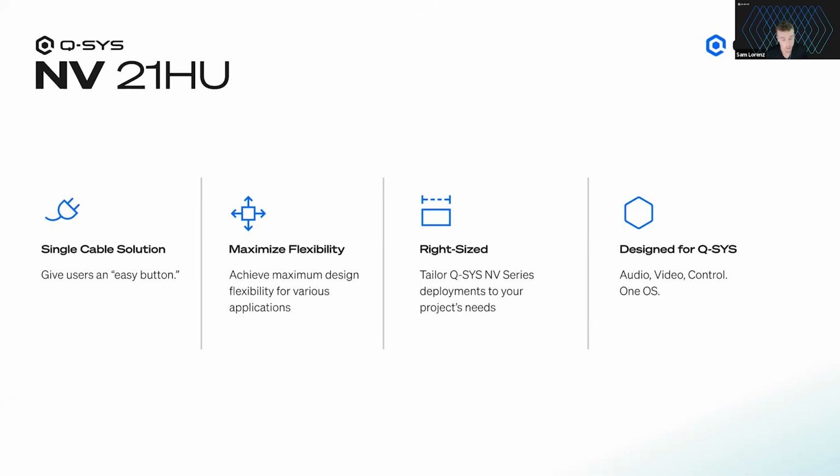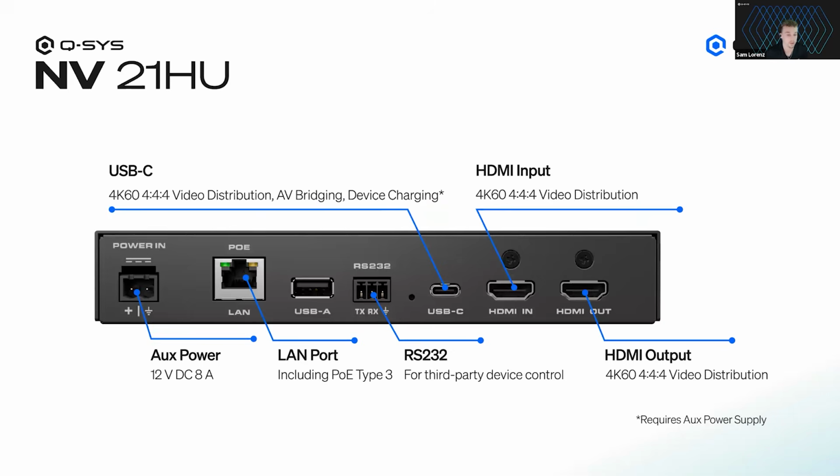But there are scenarios and spaces where you don't need three HDMI inputs and two HDMI outputs. You just need maybe a simple display with some control, or more of a BYOD or BYOM solution at a table. The NV21 fits super well in those scenarios.